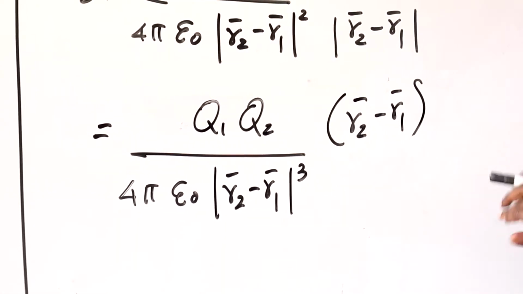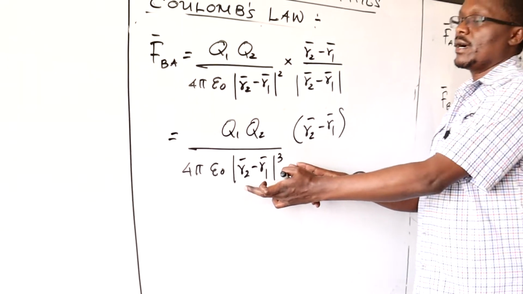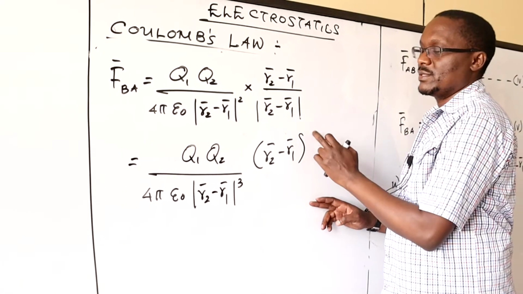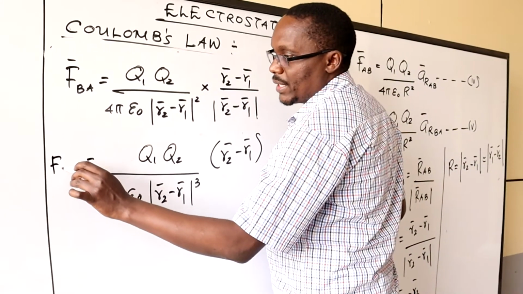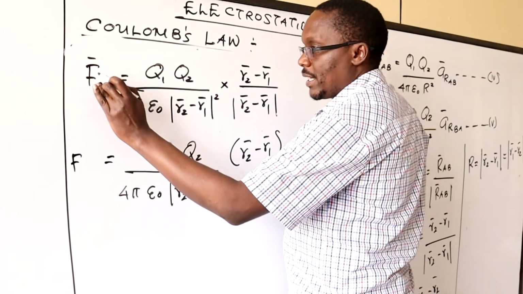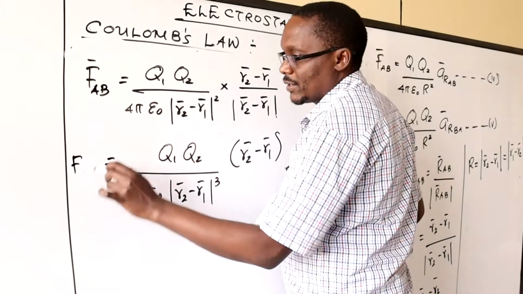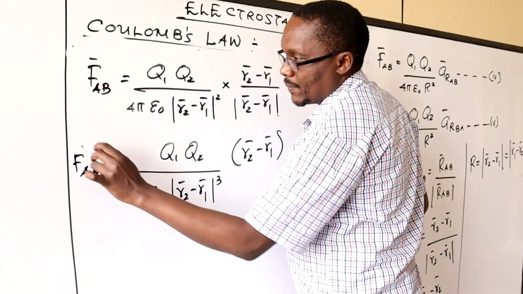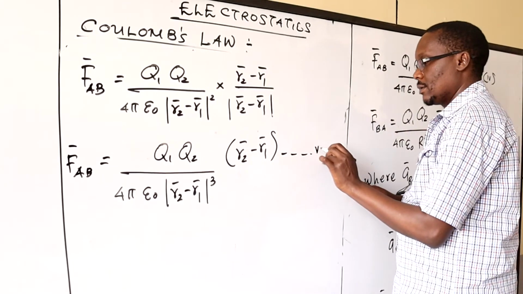At times, students tend to confuse the two. This is a vector, this is a magnitude, so we cannot cancel these terms here. They'll remain as they are. This is F_AB, not F_BA, so this is F_AB bar. Maybe we can say this is our equation number 6.